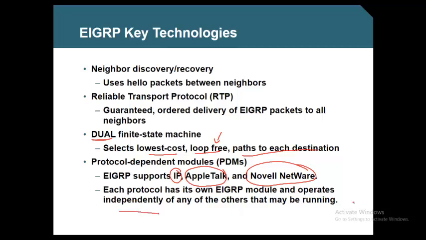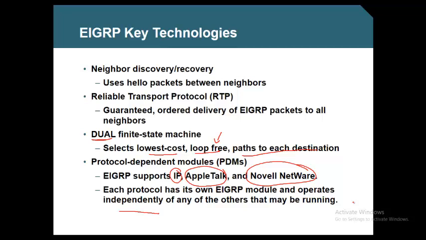So in a router, I can run AppleTalk EIGRP, IP EIGRP. In an IP router, I can run one IPv6 EIGRP, another IPv4 EIGRP. So they are all independent of each other.